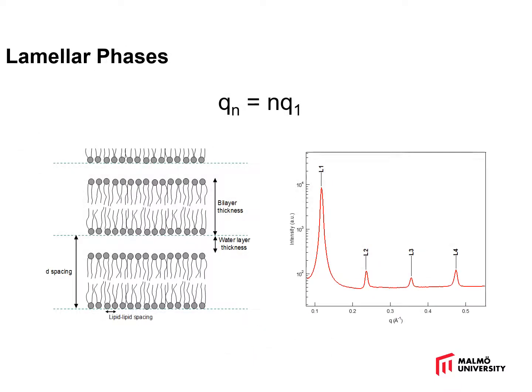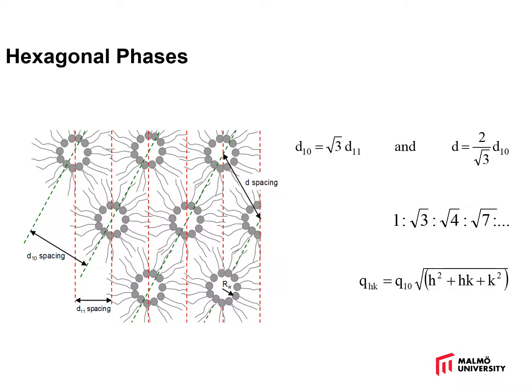So if we think a little bit further along, each of these peaks is the same distance apart from each other, and each represents an integral number of the Q spacing. So if we do a linear regression of Q max, we can easily calculate the periodic spacing from the slope. A much more complicated arrangement of lipid molecules is in the so-called hexagonal phase.